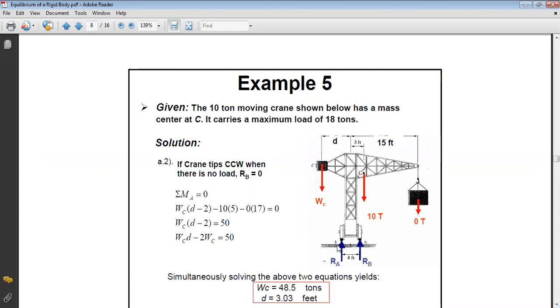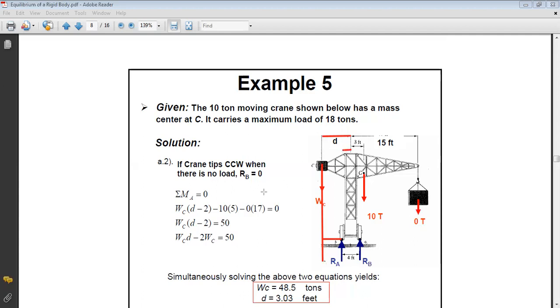So in this case, our B is 0, and when doing sum of moment, we will choose A to cancel the moment of our A. Now, if we do sum of moment about A equals 0, here we don't have any load anymore, it's 0. We have the moment of the counterweight, so we multiply the counterweight by the distance from A to its line of action, which is D minus 2, because this is D, and the distance from here to A is 2.